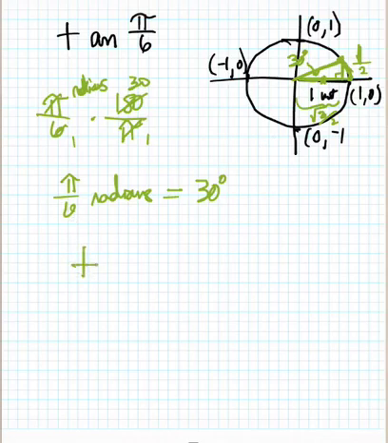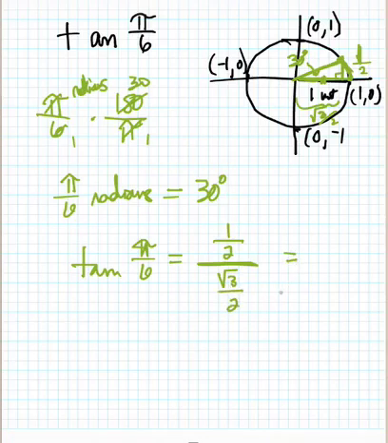All right, so the tangent of pi over 6 is going to equal the height divided by, or the sine of pi over 6 divided by the cosine of pi over 6, which is radical 3 over 2. So it's 1/2 divided by radical 3 over 2, or 1 over radical 3.